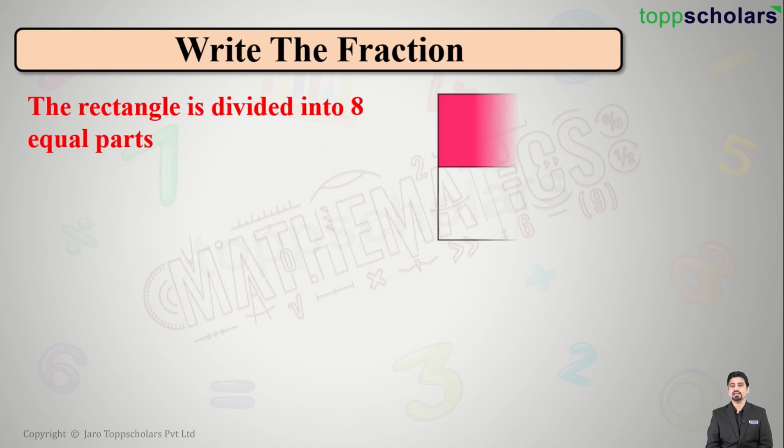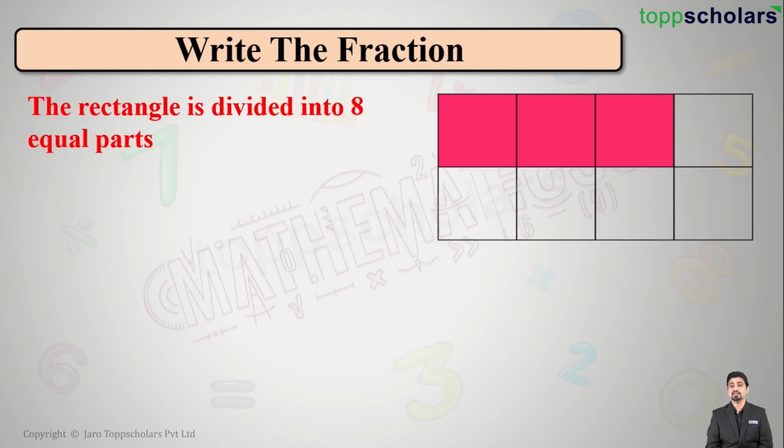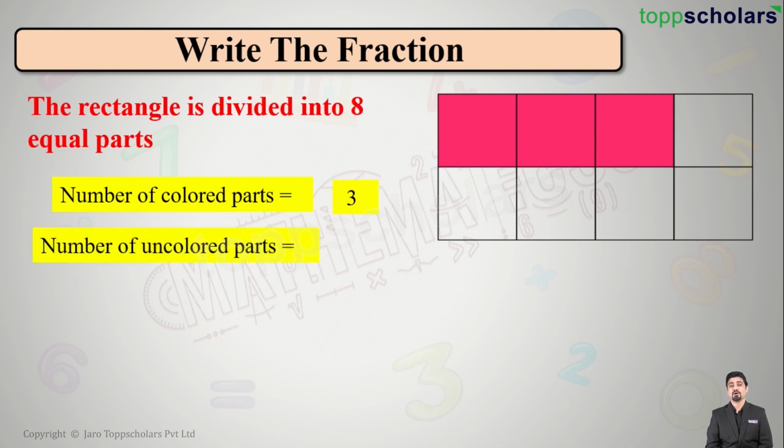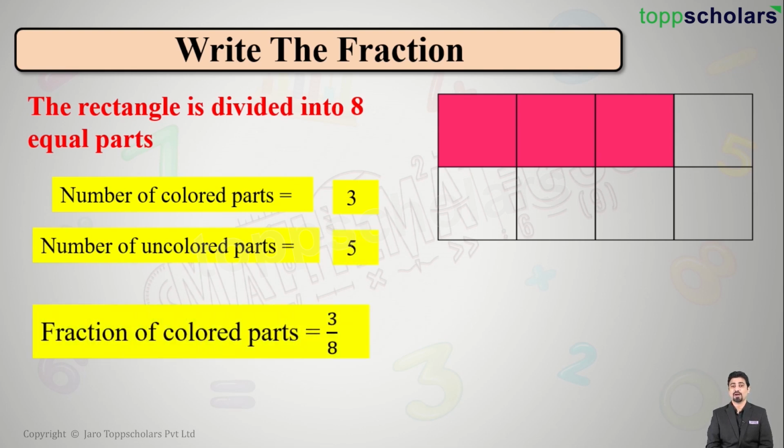So let us now try to write fractions by observation. So the rectangle here is divided in 8 equal parts. How many parts are colored? 3 parts are colored. So can you tell the number of uncolored parts? 1, 2, 3, 4 and 5 uncolored parts. So the fraction of colored parts will be 3 out of 8.